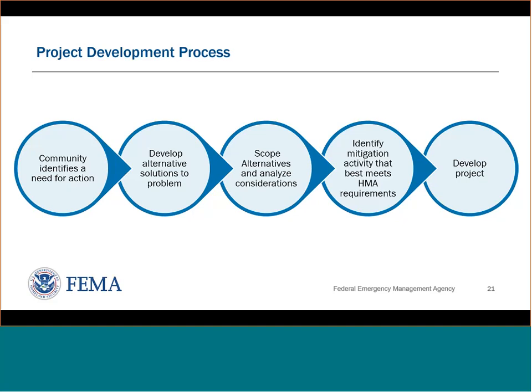And then through this process, identifying the activity that best meets not only the community needs, but also the requirements of the BRIC grant program. And as you've walked through this process, I'm assuming now you're pretty much at the place where you've identified your project and now you want to start doing the project assembly and develop your project for submission for grant funding. Next slide, please.